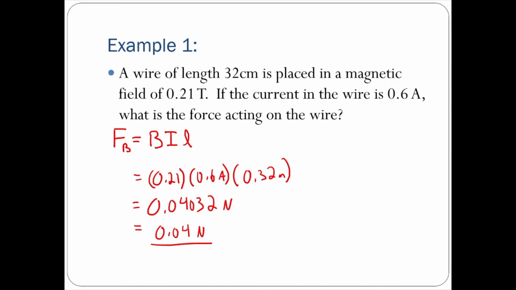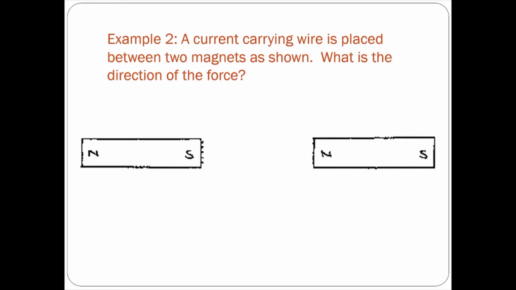Alright. Next example, here we're not given any numbers, we're just asked to determine what the direction of the force is. So this is a wire. The dot represents the current flowing out. Current is going out of the page. So we can point our thumb going out of the page towards us.